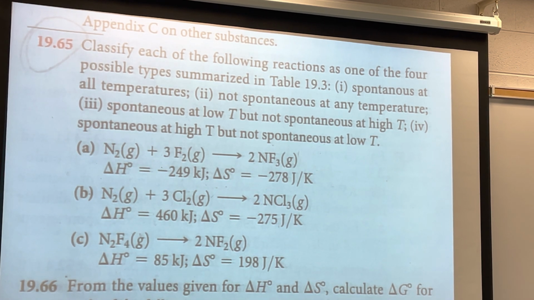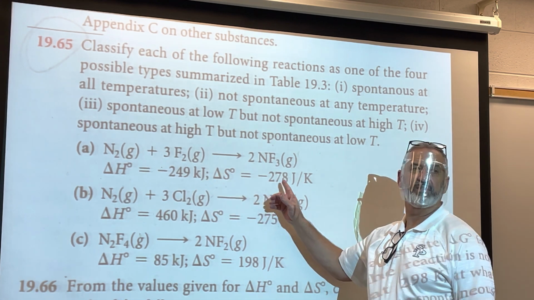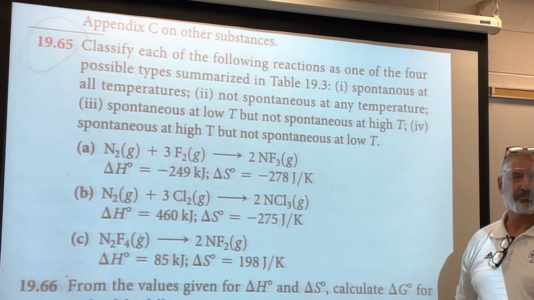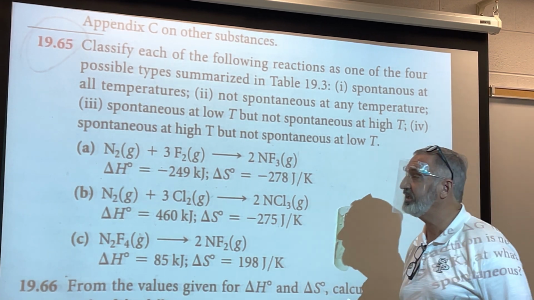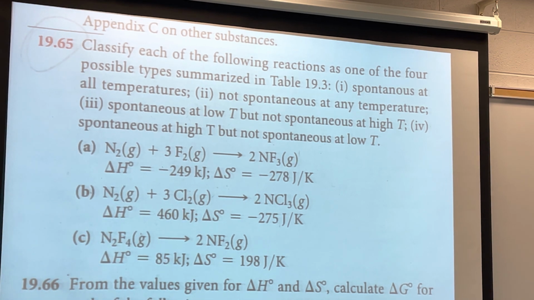Okay? So, classify which one this is going to be. If I have a negative and a negative. Spontaneous at low temperatures. And again, you just plug it into this equation right here.